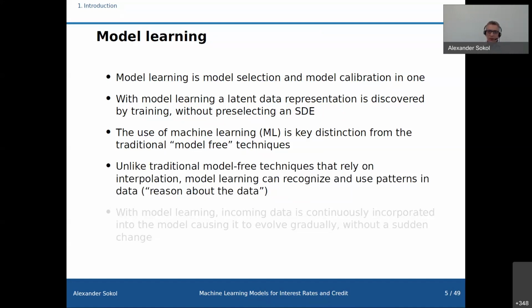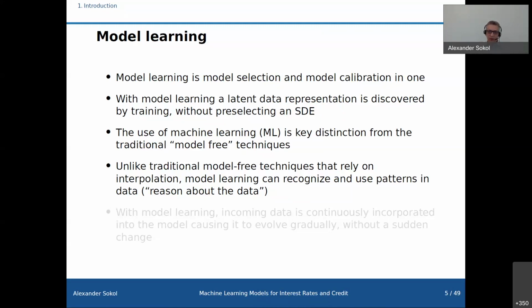The difference here is that model-free techniques are typically just interpolation. If you are, let's say, pricing an exotic derivative and you're calibrating to vanilla derivatives, sometimes you don't really need much of a model. You only need to interpolate well. And same thing, often with risk calculations, where historical data may be rich enough to give you enough data such that you can do things like, for example, market risk, right?